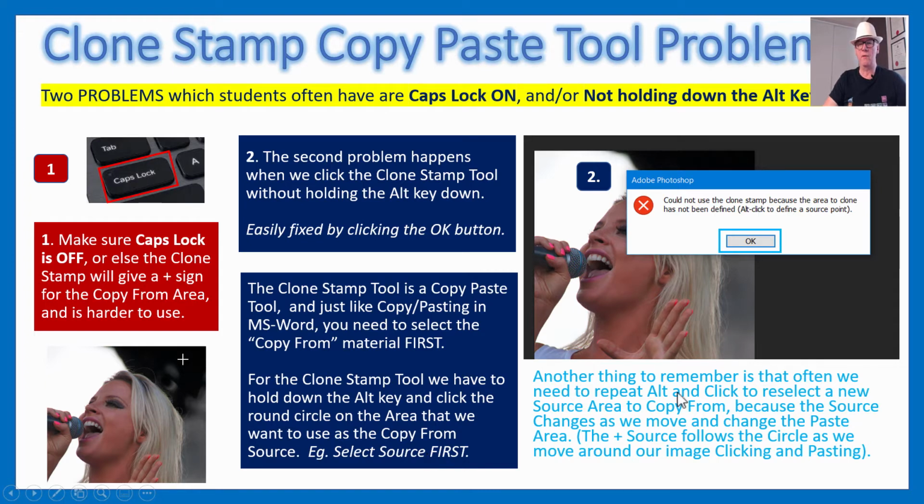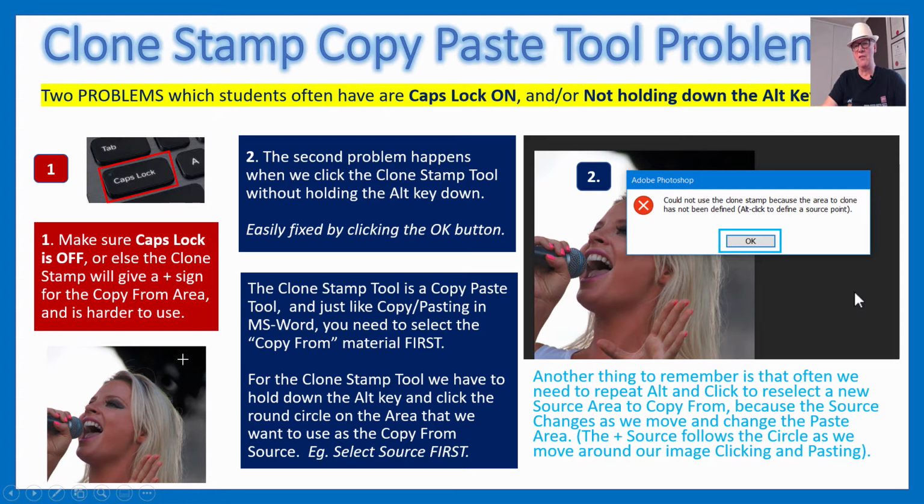Now, another thing is to remember that often we have to keep repeating the Alt and click to reselect. So you might copy from here and paste it there, but then you want to get some from somewhere else. So you need to do Alt click again to do a new copy from, and then click over here to do new pasting. And when you move around the screen, you'll have the plus symbol saying where you're copying from, and the round circle saying where it's going to copy to.